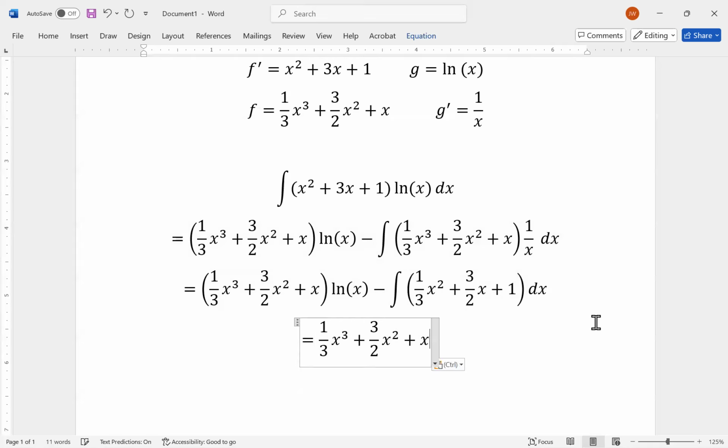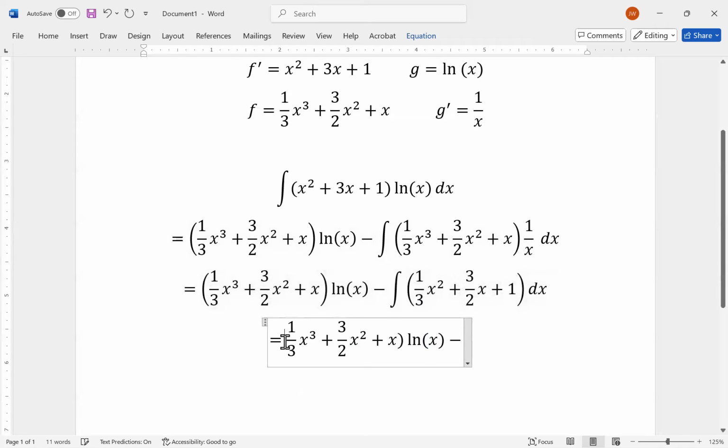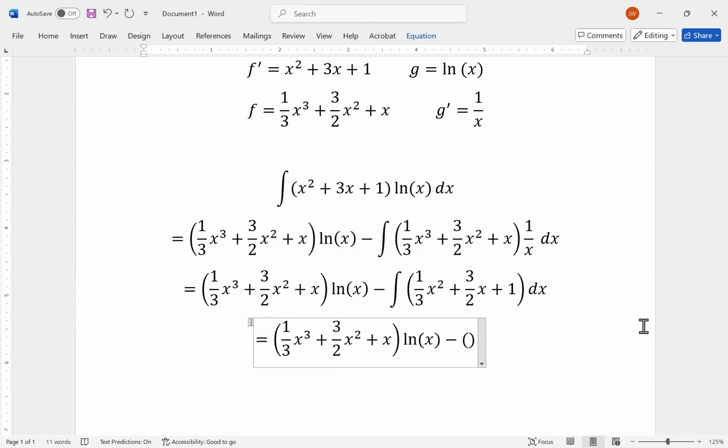So this is what we get. We get our 1/3 x to the third plus 3/2 x squared plus x times natural log of x, minus, well, when I integrate, I'm going to integrate and put the entire polynomial into parentheses.